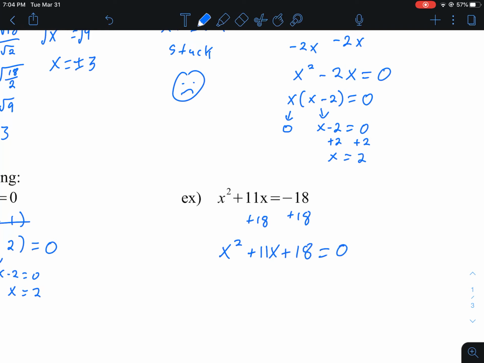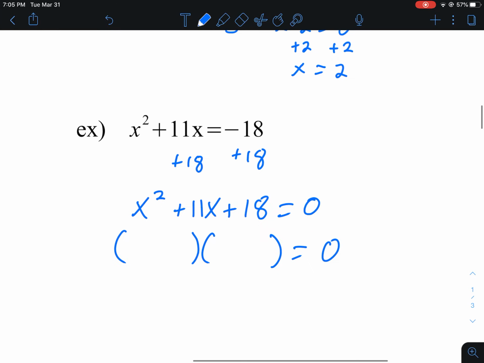And now we'll try to solve it by factoring. And if this doesn't work, we have to give up because we only know two methods. Maybe there's another method floating around out there somewhere that I could figure out. So if factoring doesn't work, we have to give up and say it's not solvable. But maybe there's another method that I can figure out and teach you on the next worksheet.